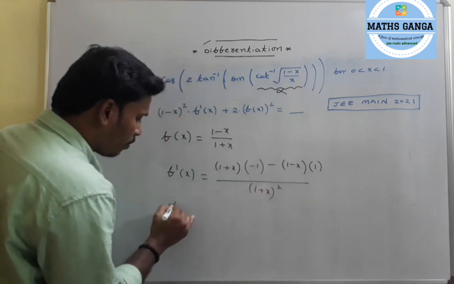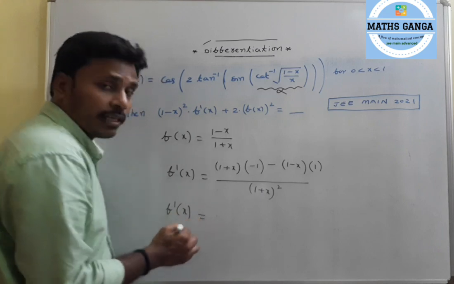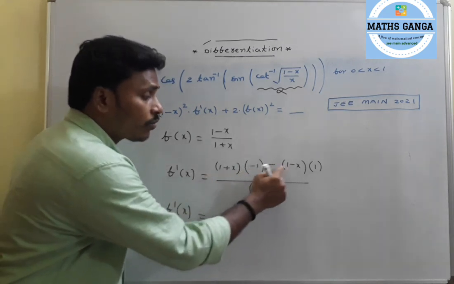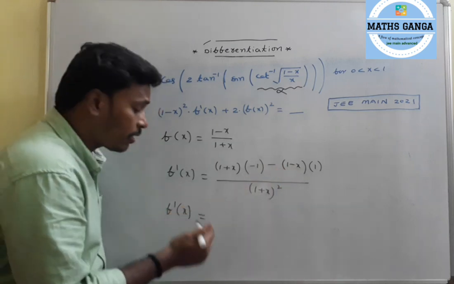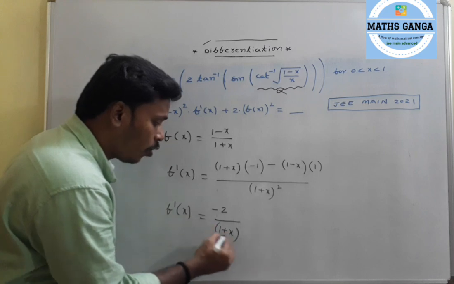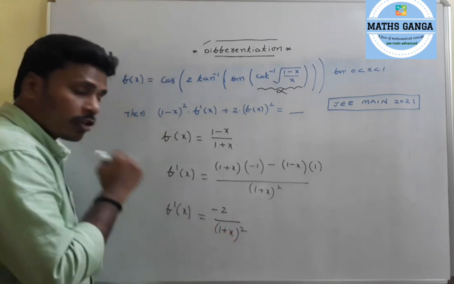Simplifying the numerator, it becomes minus 1 minus x minus 1 plus x. The x term gets cancelled, and we are left with minus 2 by (1 plus x) whole square. So this is f dash of x.